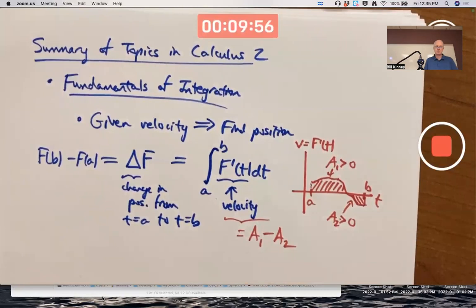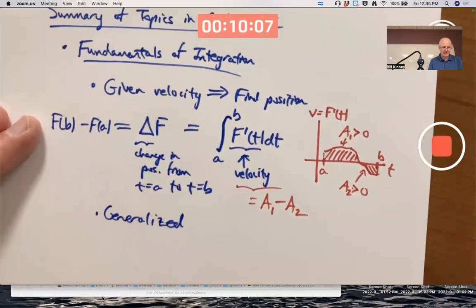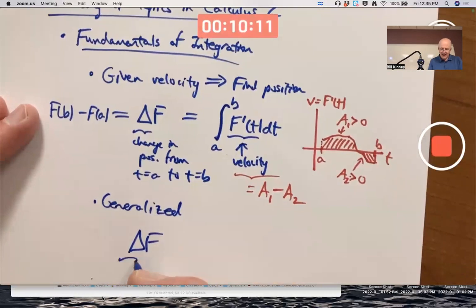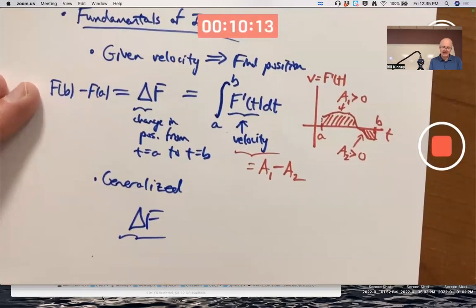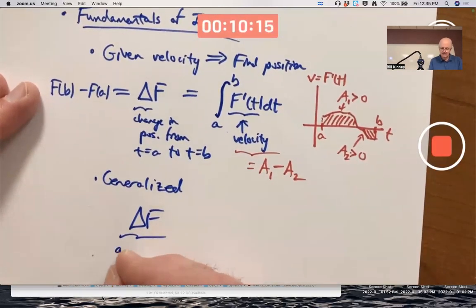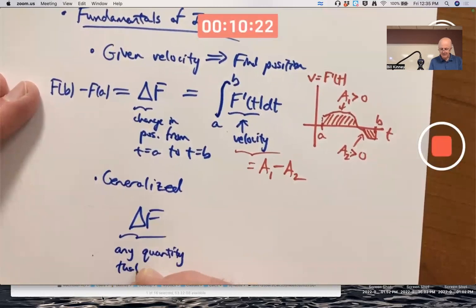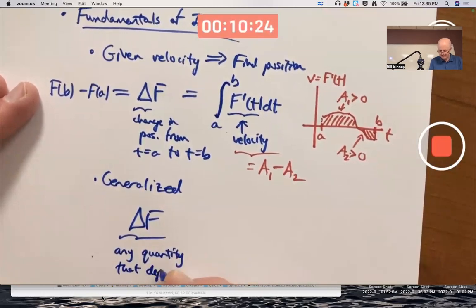So that's a conceptual approach. And it also can be generalized to any quantity that depends on time. That's the most typical application, at least, is one that depends on time.